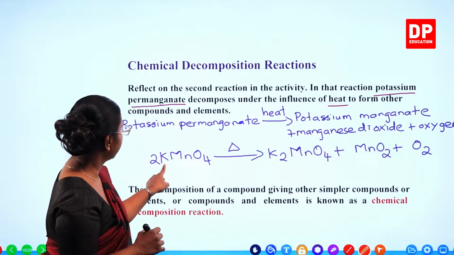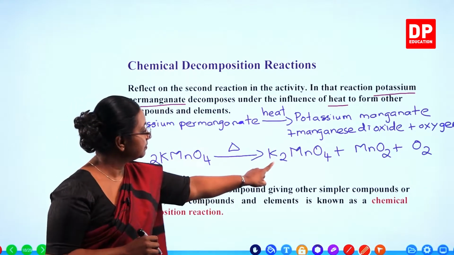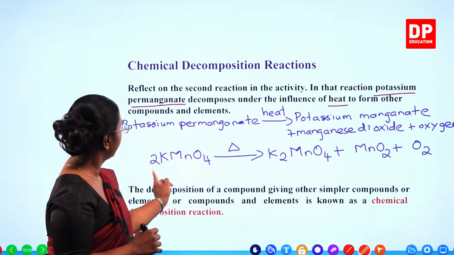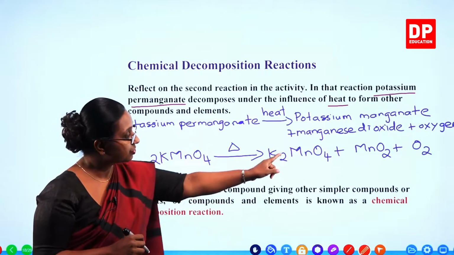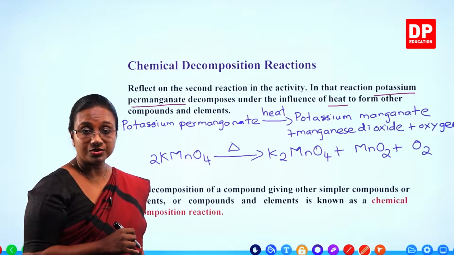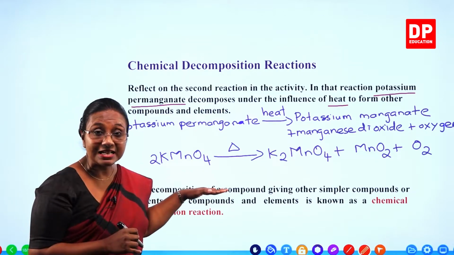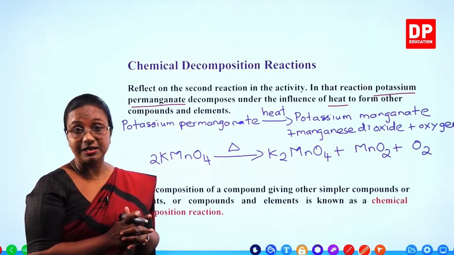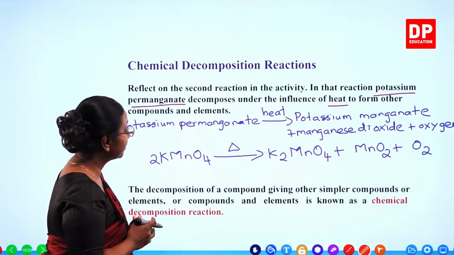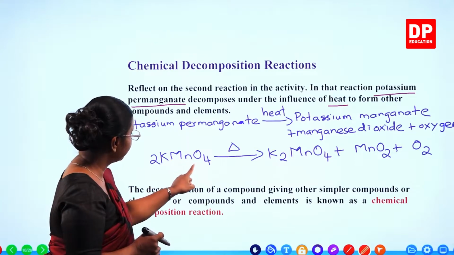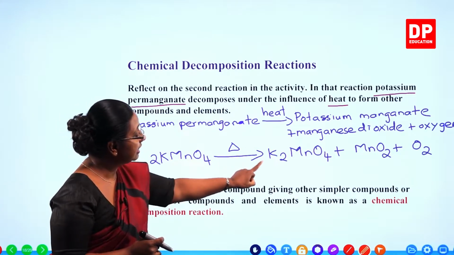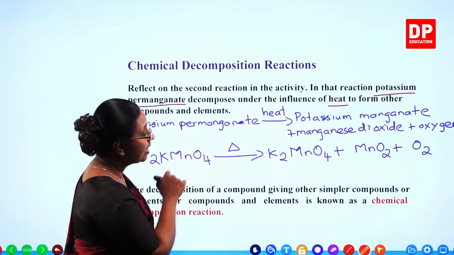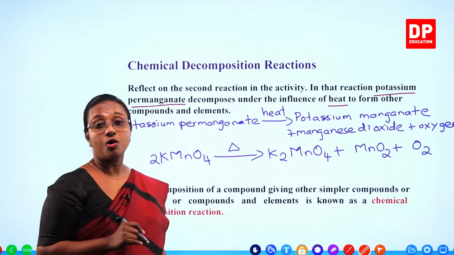So, here you can see there are two potassium atoms, 2 Mn, and oxygen 2 into 4, 8. So, there are again on that side also 8 oxygen atoms. But don't worry about the balancing now because we will be discussing that under balancing chemical equations. So, this is the balanced chemical equation. 2 potassium permanganate on heating decomposes to form 1 potassium manganate, 1 manganese dioxide and 1 oxygen.